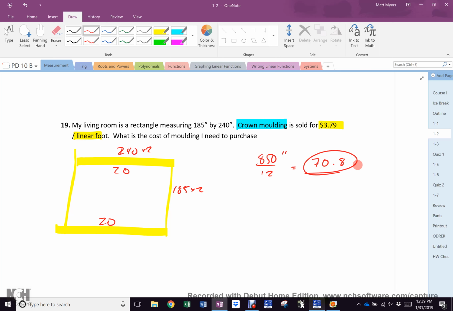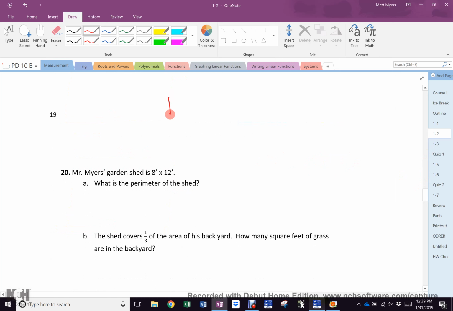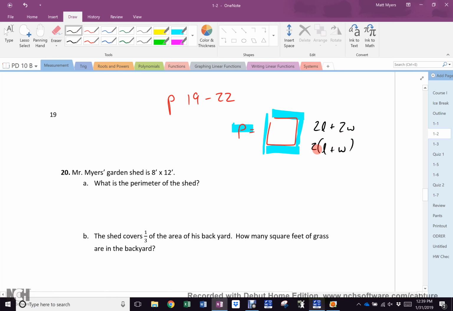Now, listen to me closely. I am going to shut up. Your homework today is pages 19 to 22. I will remind you of something. Perimeter. That is the blue. So it is 2 length plus 2 width, or length plus width times 2.